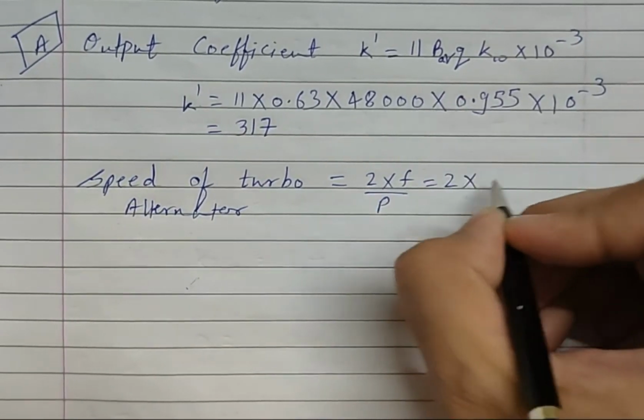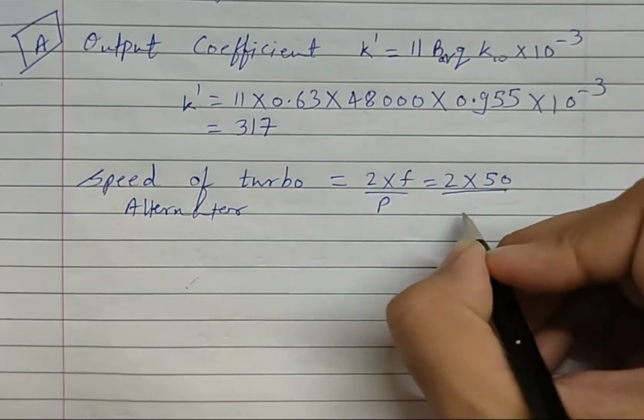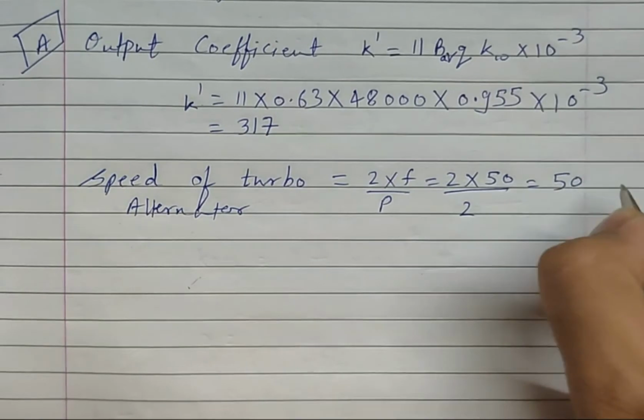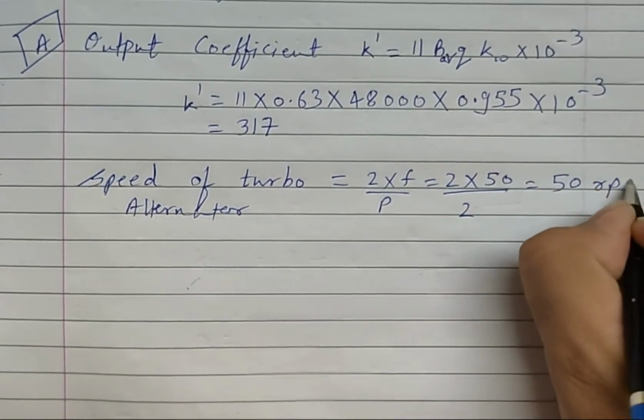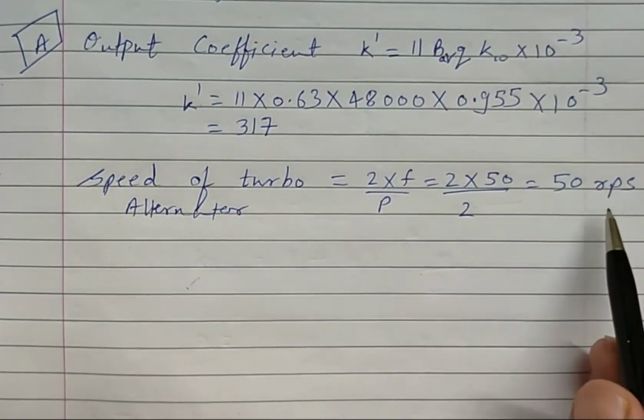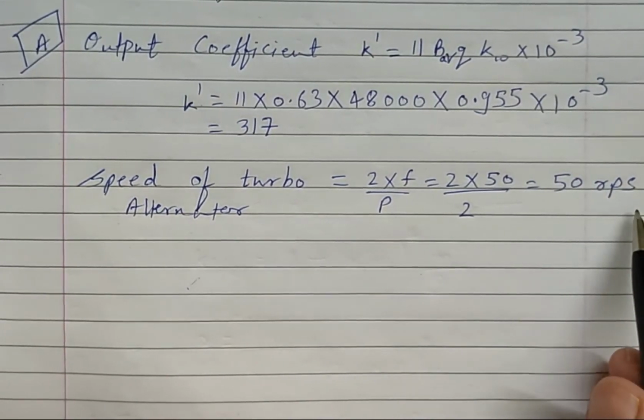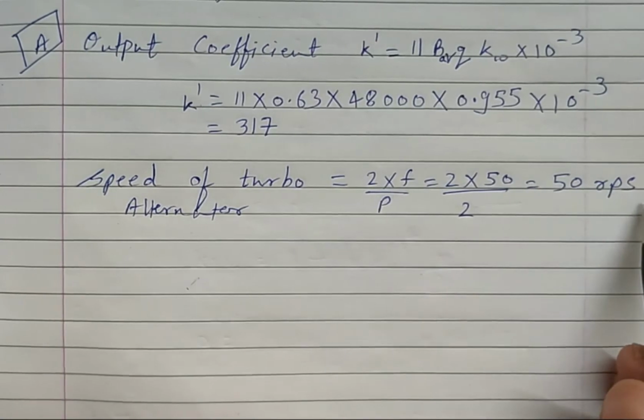So it would be 2 into 50 divided by the number of poles, which is 2. So the answer I get is 50 RPS. Remember to mention the unit. This would not be 50 RPM, but this would be 50 RPS.